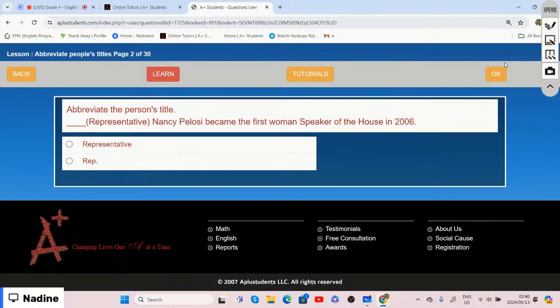Representative Nancy Pelosi became the first woman speaker of the House in 2006. So, representative, how do we abbreviate representative? Is it still option one, the whole word representative, or is it option two, where we just say rep?